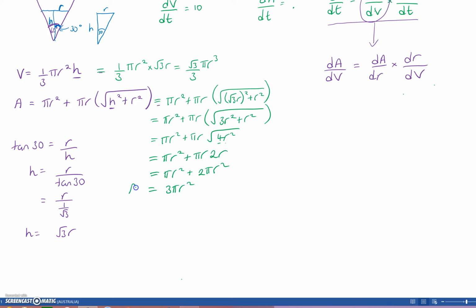So I actually have area equals this, 3 pi r squared, and I have volume equals this expression here.